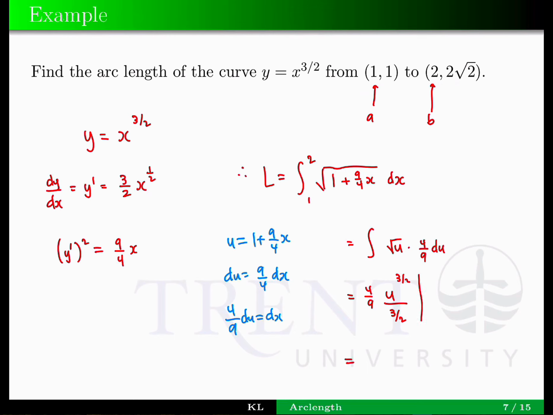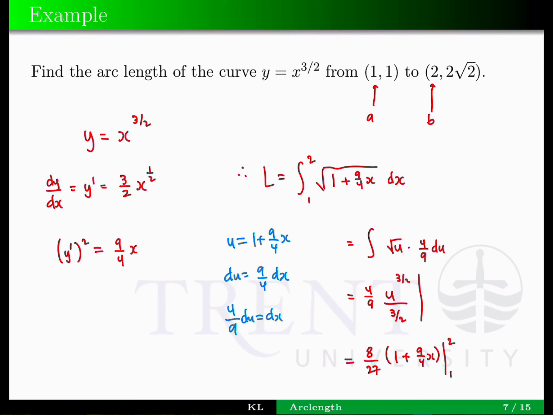But let us bring back the variable x. The coefficient becomes 8 over 27, and then we will have here 1 plus 9 over 4 x. Then we evaluate this from 1 up to 2.